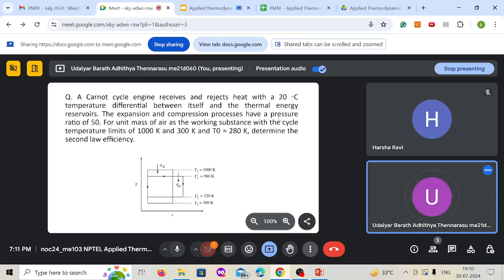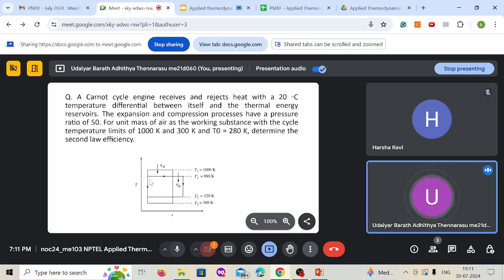What it basically says is, you have a reservoir at a temperature of 1300 Kelvin, but there is a temperature difference between the reservoir and the cycle it is operating. That temperature difference is 20 degrees Celsius, and they are saying the expansion and compression processes have a pressure ratio of 50.